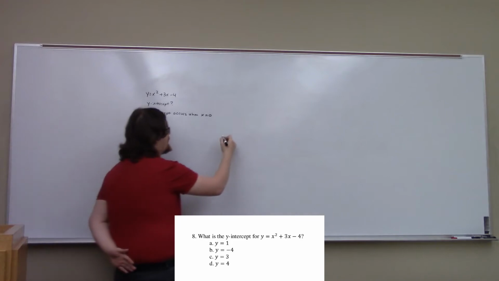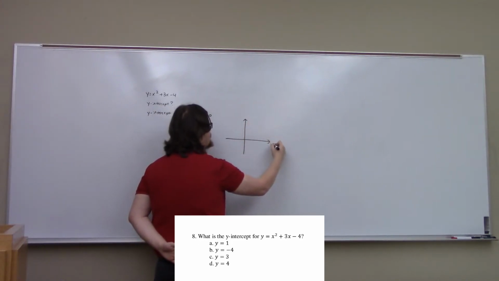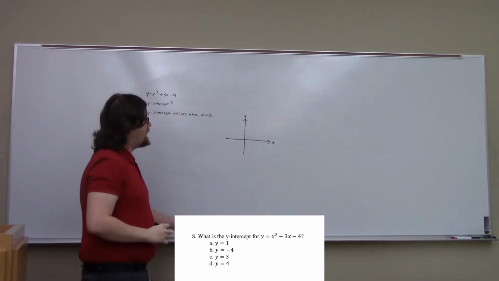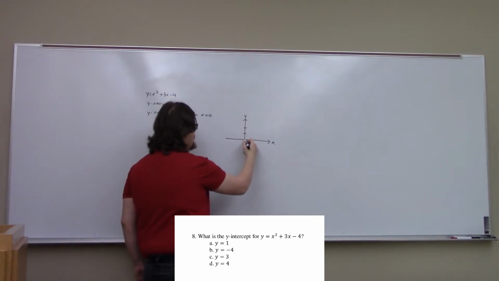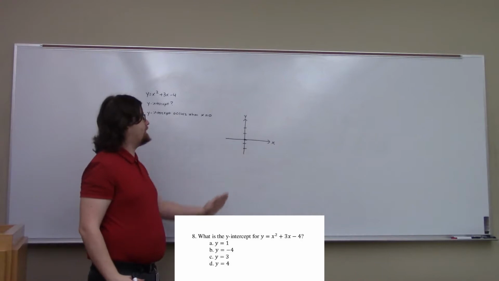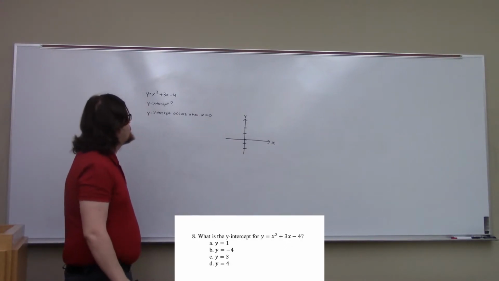Now if we think about a graph, right? We have x and y. The y-intercept, that is the passing of the y-axis, will occur when x is equal to 0. So x being 0 on the y-axis, any point that passes the y-axis is going to have x equal to 0.